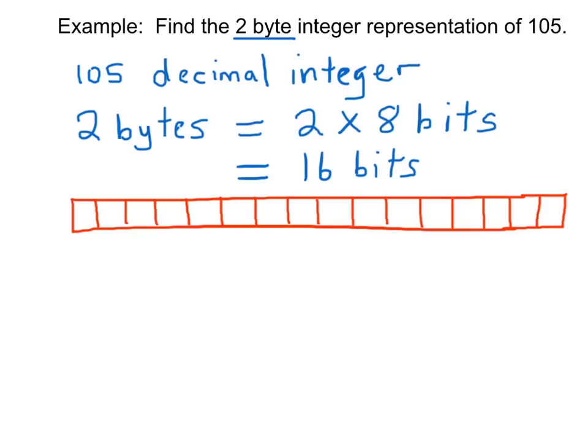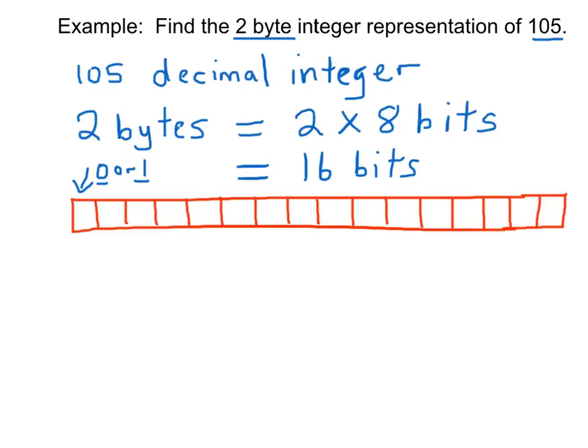It's like 16 little storage spaces, where each storage space stores either a 0 or a 1. So the computer is going to store my decimal number 105 as a binary number of length 16 bits.